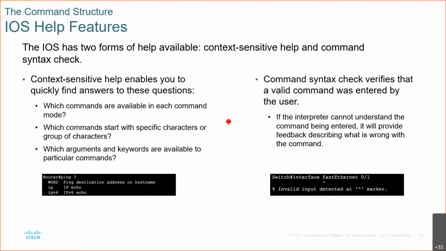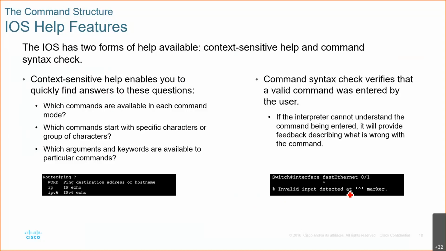Sometimes when you're not sure about a command, you can just type the command name, then put a space and a question mark, and it gives you more information about it. And if you make a mistake in typing your command, your internetwork operating system will not accept it. It will say invalid input detected, and then you have to correct it.